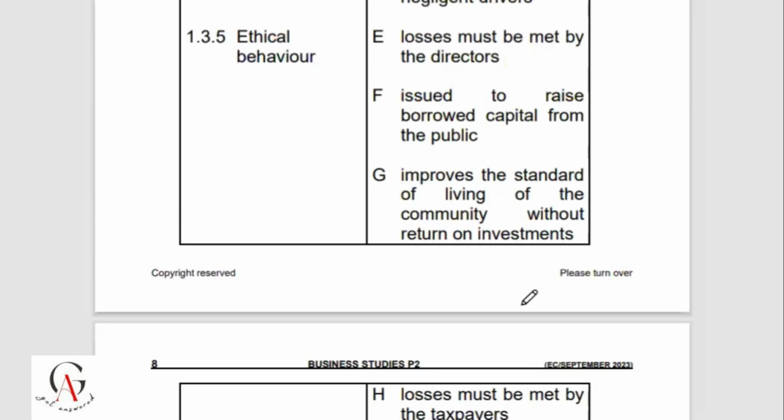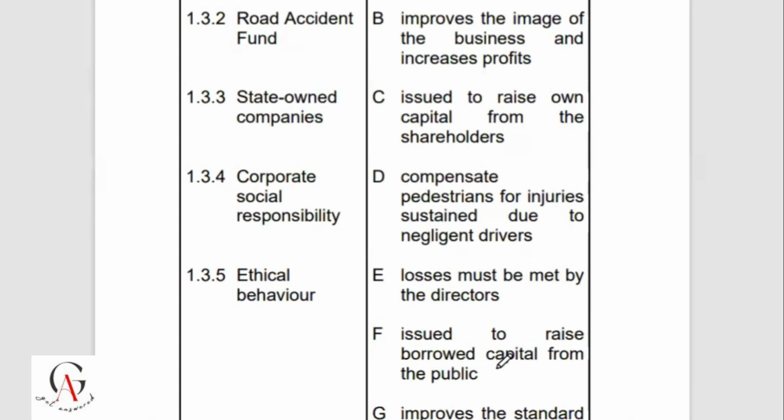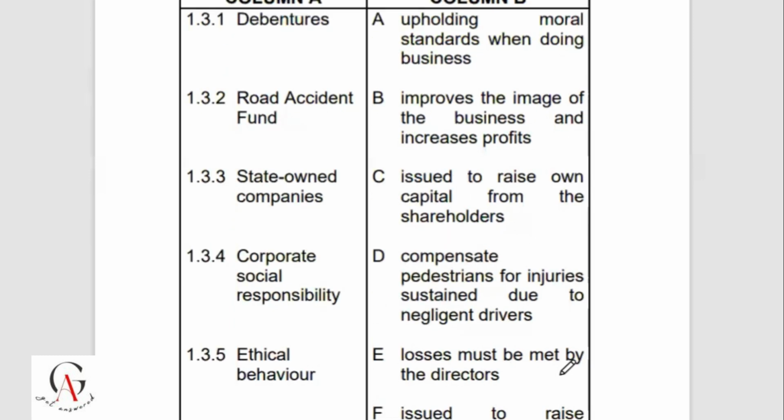So now let's check the best options for matching our column A concepts. For the bank charters, we are going to check issued to raise borrowed capital from the public. So our appropriate answer in this regard is F.